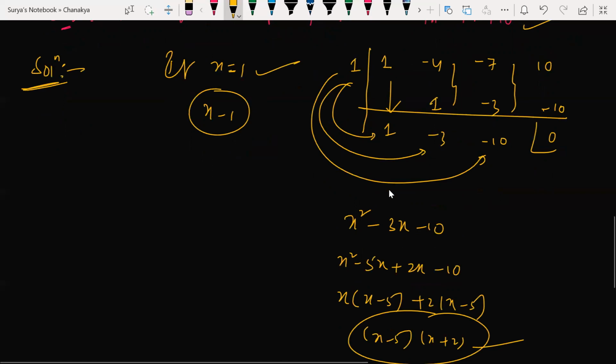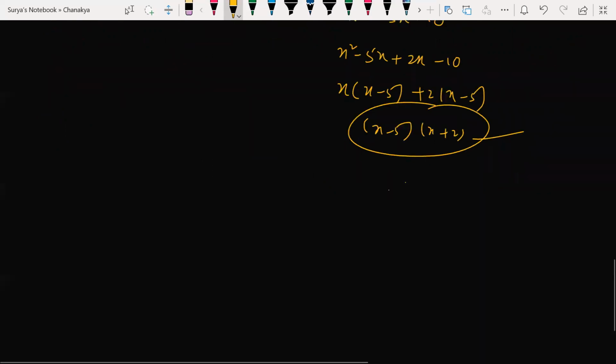Okay, now let us give one more question, a different question. Check this question: 4x cube minus 8x square plus 6x minus 12. Check it. Solve this.